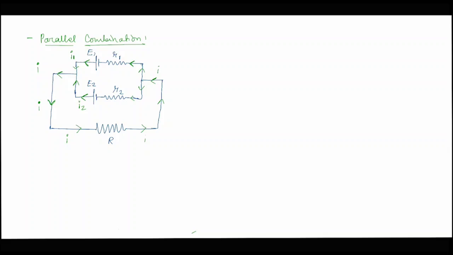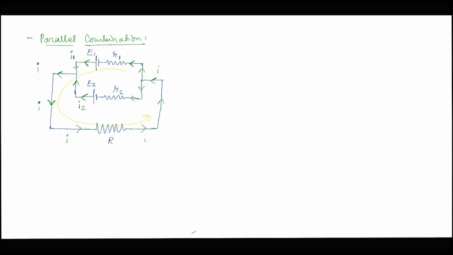So if we consider this particular circuit and apply the loop rule, for the first loop I am containing the first battery, that is E1 R1, and the external resistance R. That is, I am doing something like this. I am taking the yellow loop.